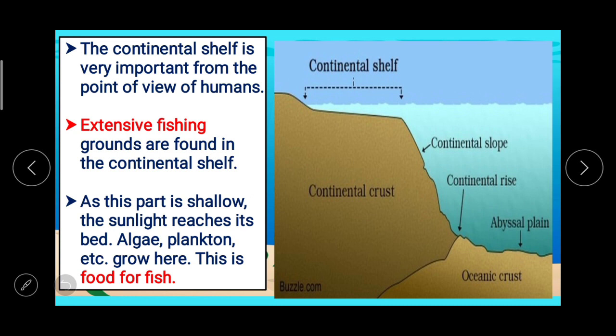As this part is shallow, the sunlight reaches its bed and because of that algae, plankton, etc. grow here, and this is food for fish. अब फिश को अगर वहाँ पर फूड मिलेगा तो वहाँ पर फिश आएंगे और वहाँ पर फिश आएंगे तो ह्यूमंस को फिशिंग करना ईजी जाएगा. That is why this one is an important thing from the point of view of humans.